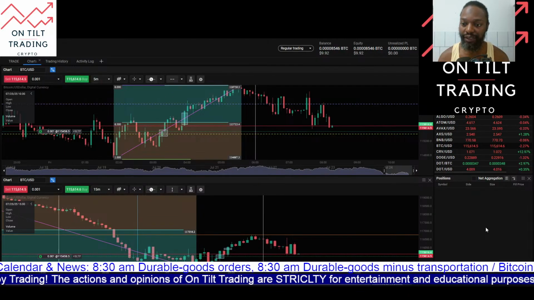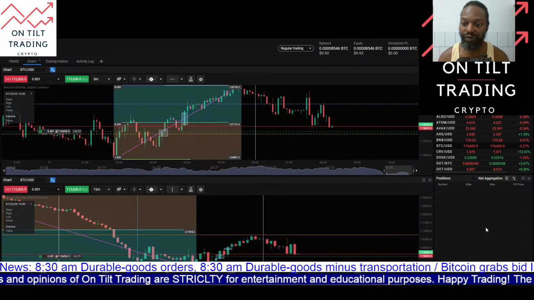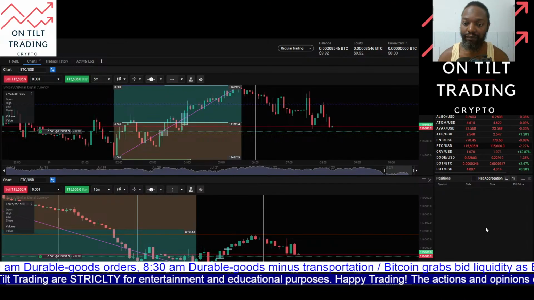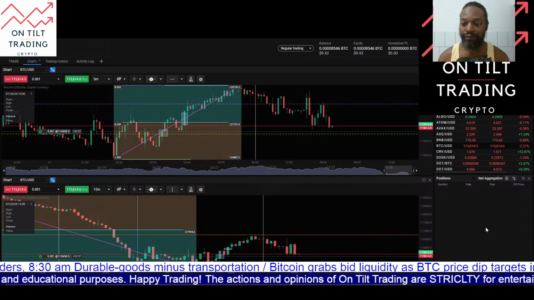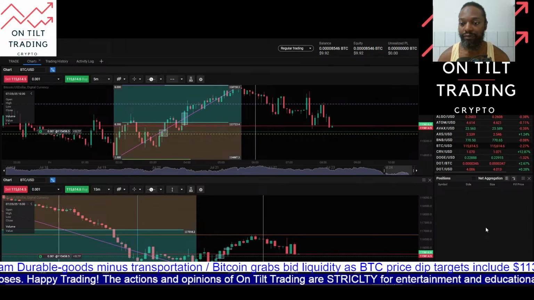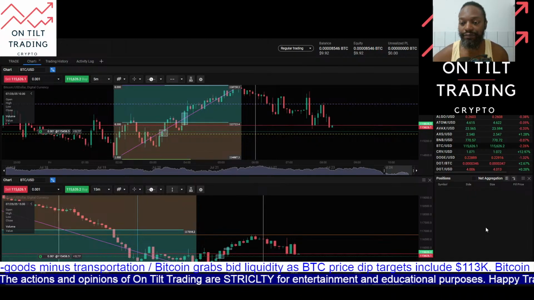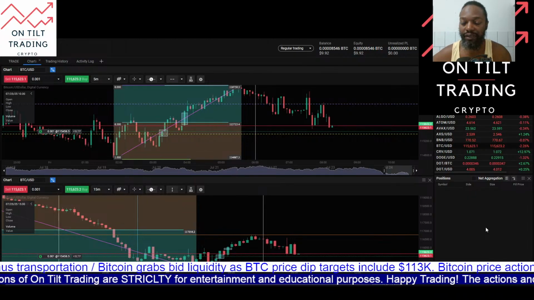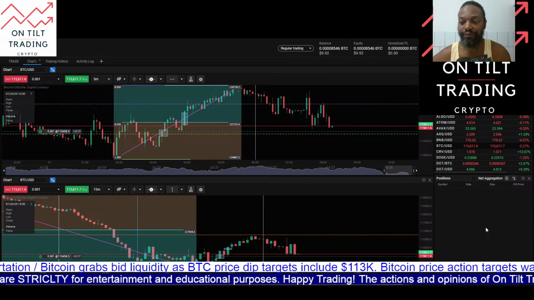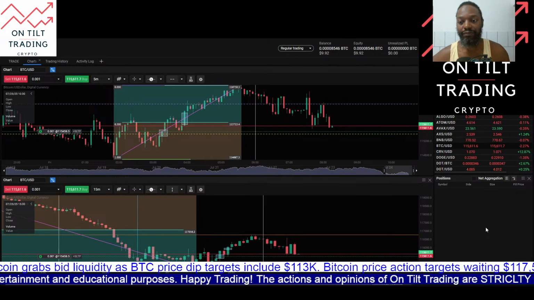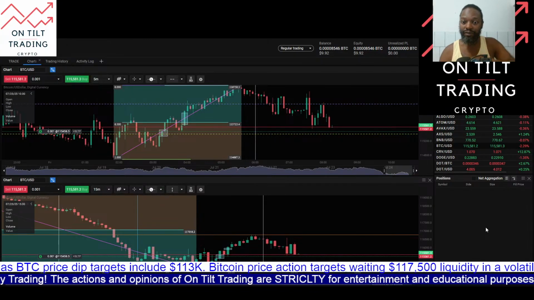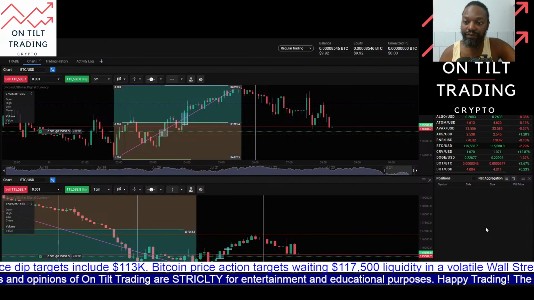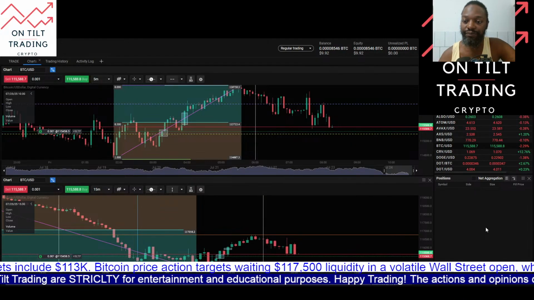Initially getting some buy side delivery here, 115,620. Price consolidating here around the 115,620 level. I'm getting some sell side delivery here, 115,600.